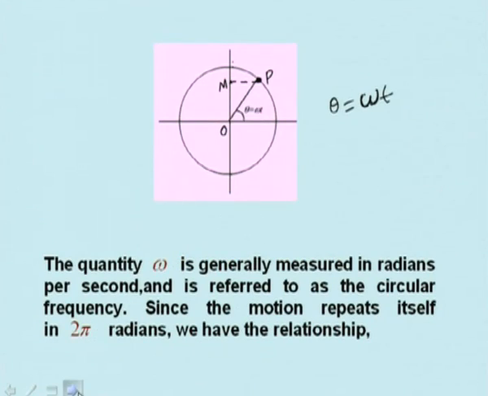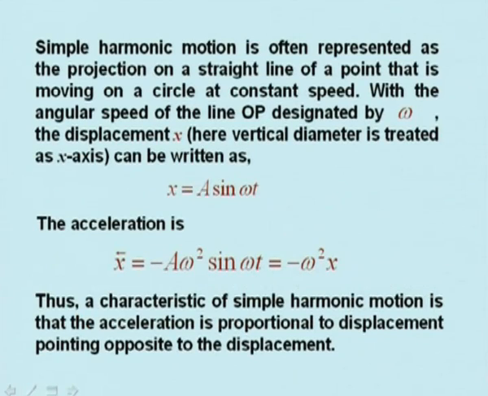If we say that a is the radius, then naturally this will be a sin omega t, theta is equal to omega t, and therefore acceleration x double dot is equal to minus a omega square sin omega t is equal to minus omega square x. Thus, a characteristic of simple harmonic motion is that the acceleration is always proportional to displacement, pointing opposite to this displacement.